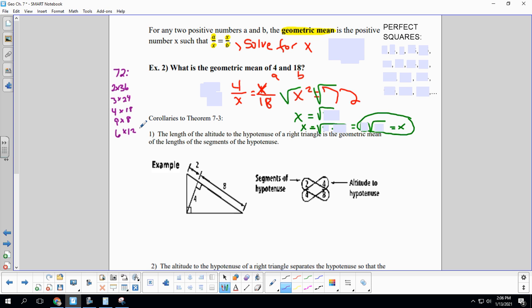Okay, and then we look at each one of the factors and ask, are there any perfect squares that live inside of 72? That's how I refer to it.